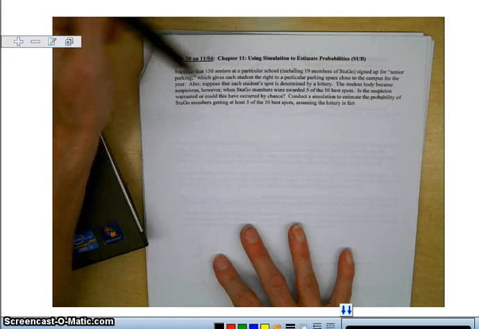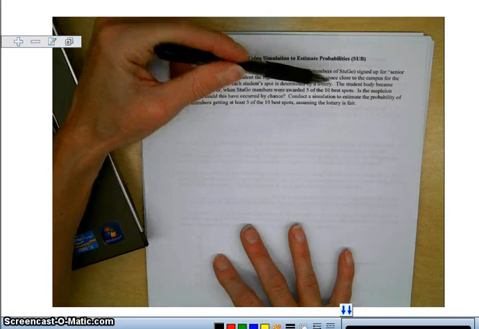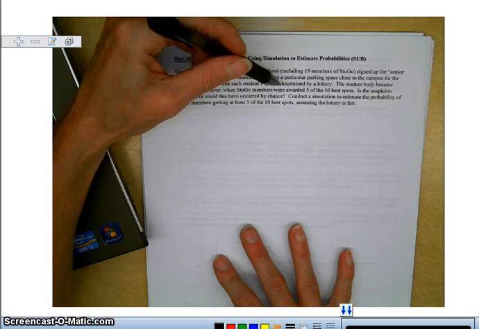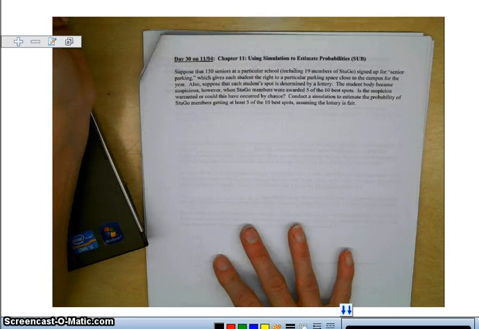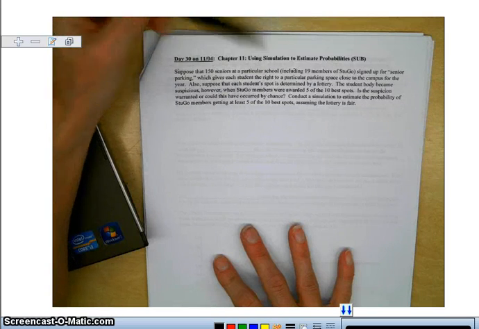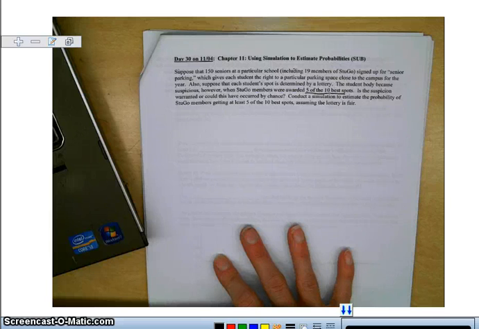They signed up for senior parking, which gives each student the right to a particular parking space close to the campus for the year. Also, suppose that each student's spot is determined by a lottery. The student body became suspicious, however, when STUGO members were awarded 5 of the 10 best spots. Is this suspicion warranted, or could this have occurred by chance?